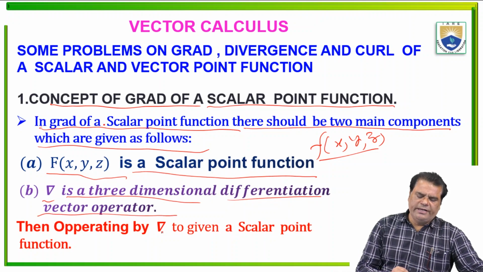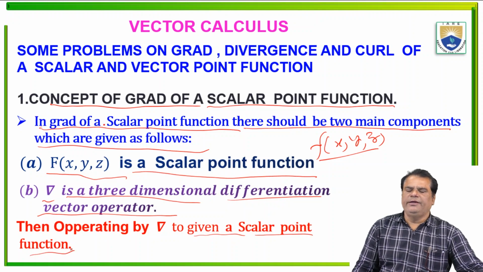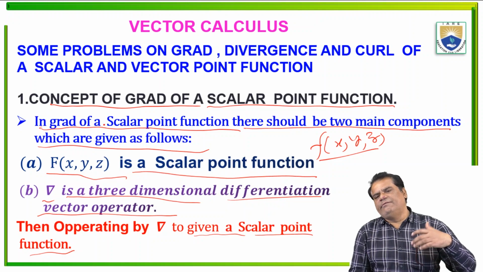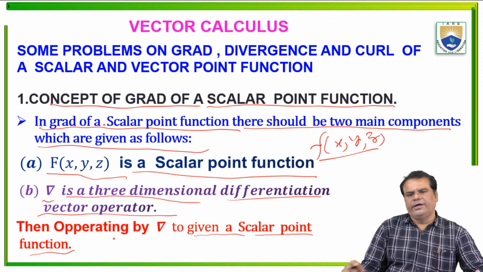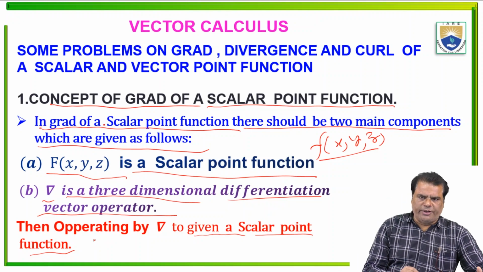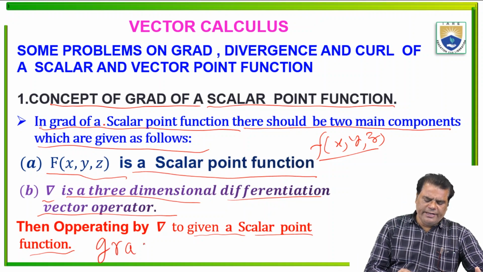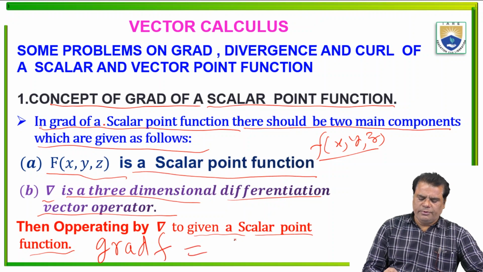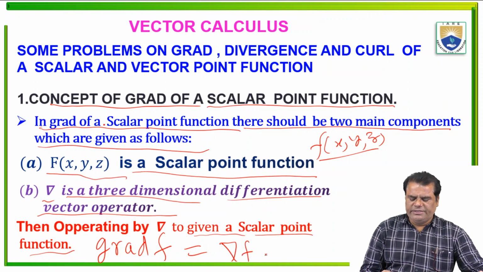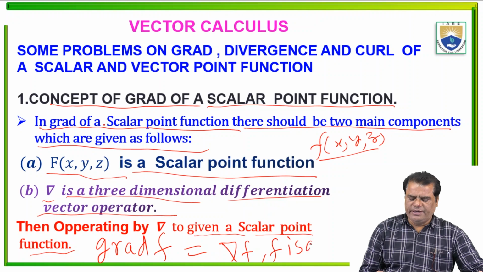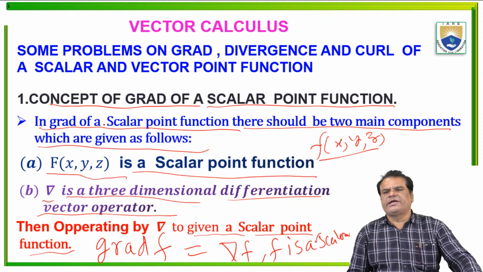Then operating del on the given scalar point function, we get the grad of a scalar point function. So grad f equals del f. Here f is a scalar.